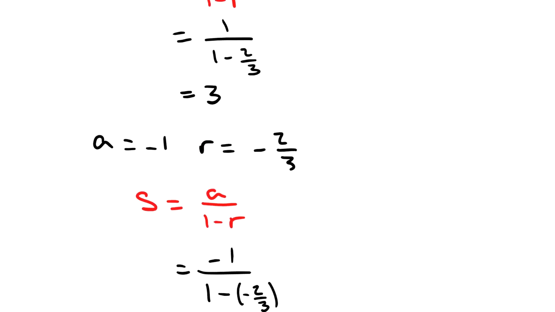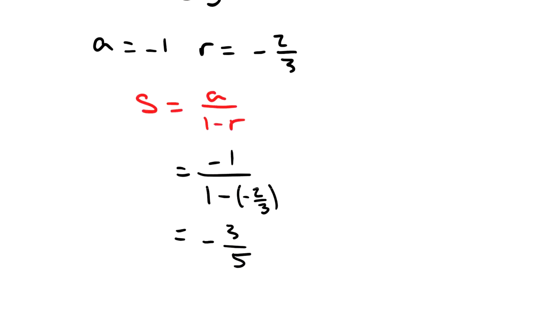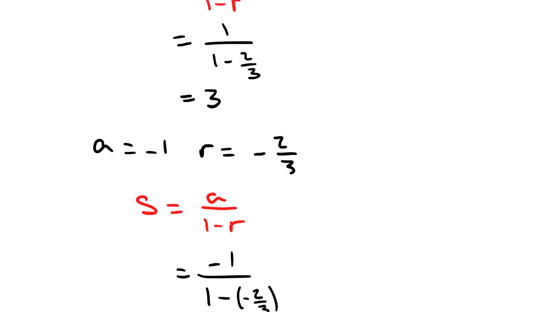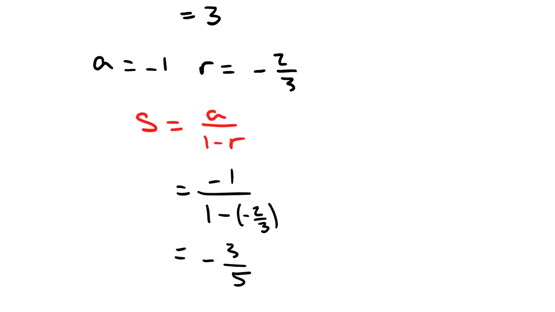So we have two limiting sums. We have one at 3 and one at negative 3 over 5, depending on if you're using negative or positive values.